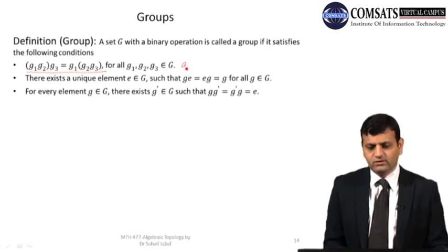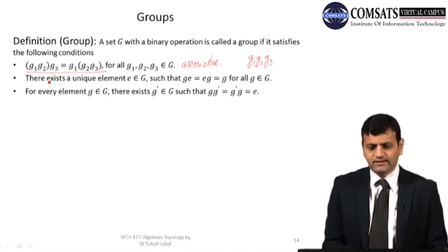So according to this law, I can write the multiplication as G1, G2, G3 without the use of brackets. I don't need brackets because I can multiply the elements in any order and there will be no change in the result. That's one of the usages of the associative law.